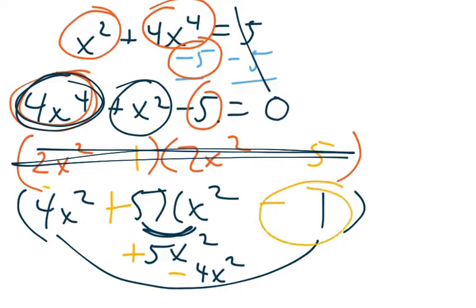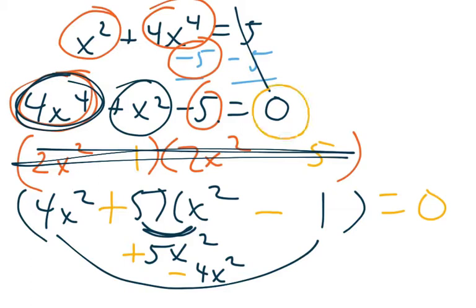If I take that times that, will give me my minus 4x squared. Okay, so let me kind of clean this up a little bit. So long story short, guys, I know that 4x squared plus 5 times x squared minus 1. Now remember, it equals 0. So now I can do the zero property.